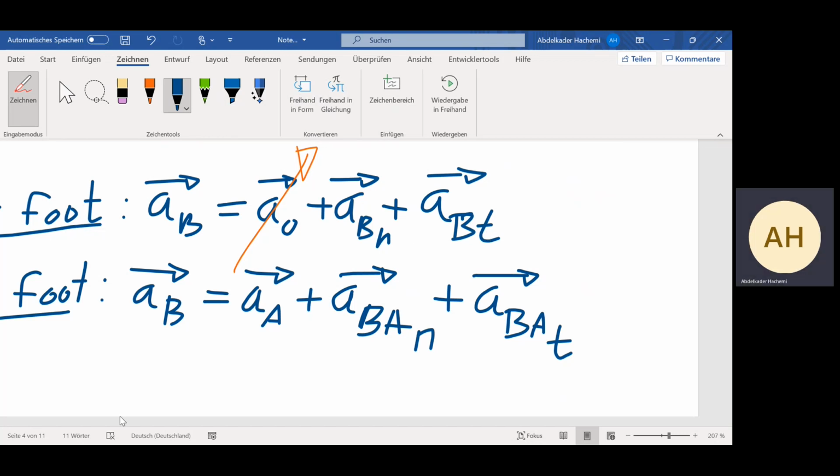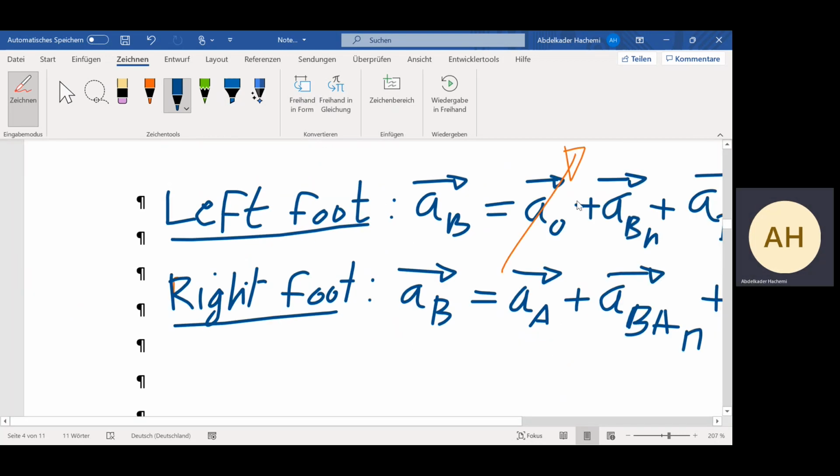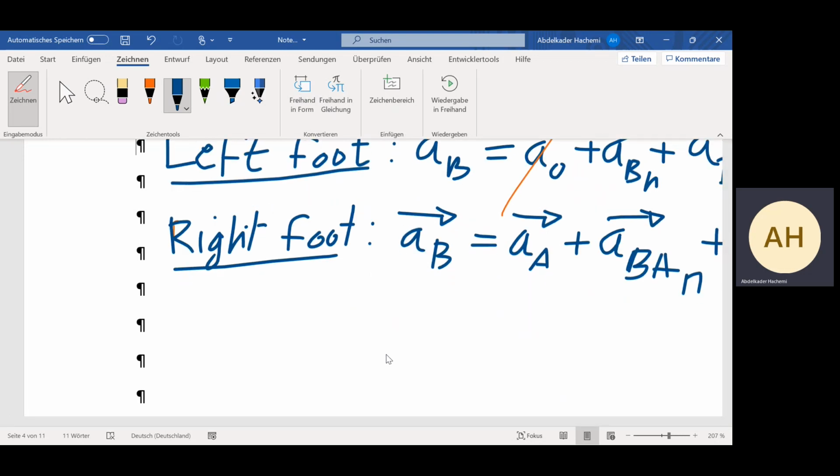For the left one, omega is only phi dot 2, and omega dot is only phi dot dot 2. And here the same principle as this one, okay? Here we take phi dot, which corresponds to omega, and phi dot dot for omega dot.